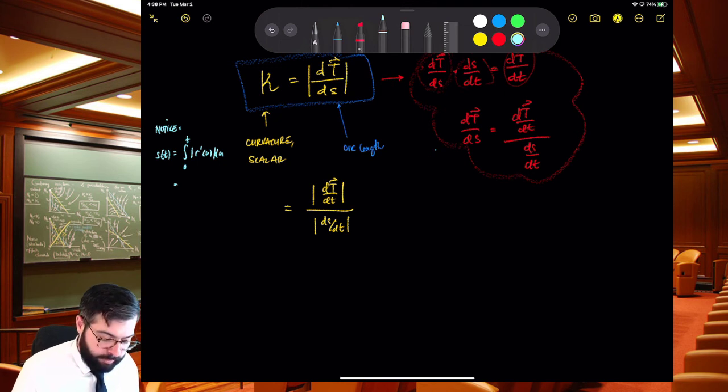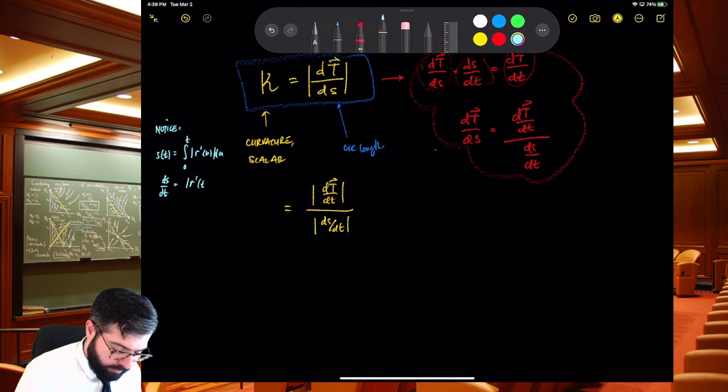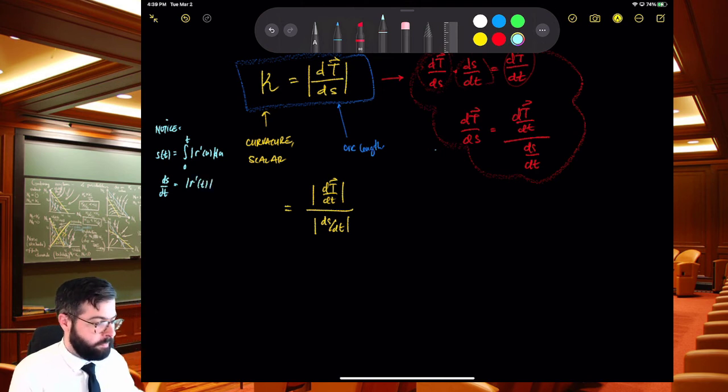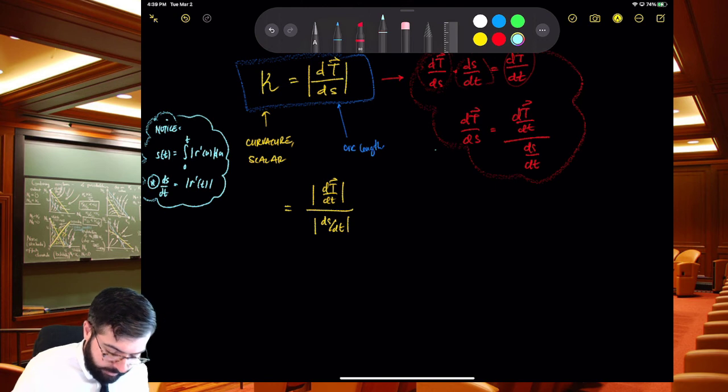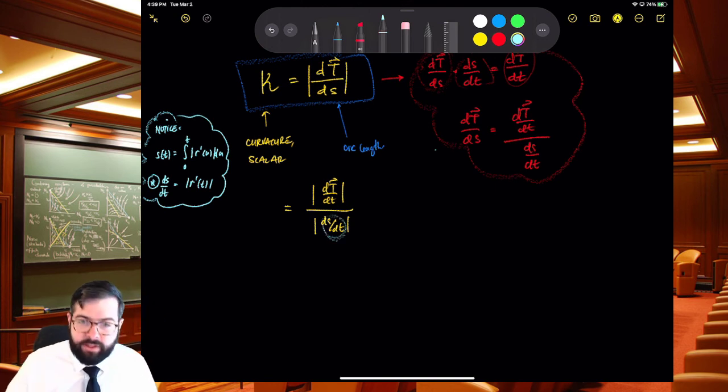If I use the fundamental theorem of calculus on both sides, it means that ds/dt is really the magnitude of r prime of t. And I'm going to use that fact because I have ds/dt right here. That's the only reason I bring that up.